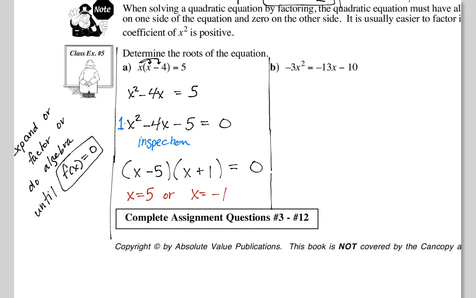So last week I mentioned a few times, I hate when the lead coefficient is negative. So if the lead coefficient, which is the coefficient on the power 2 term, is negative on the left, put everything on the right. So then you have 3x squared over here.